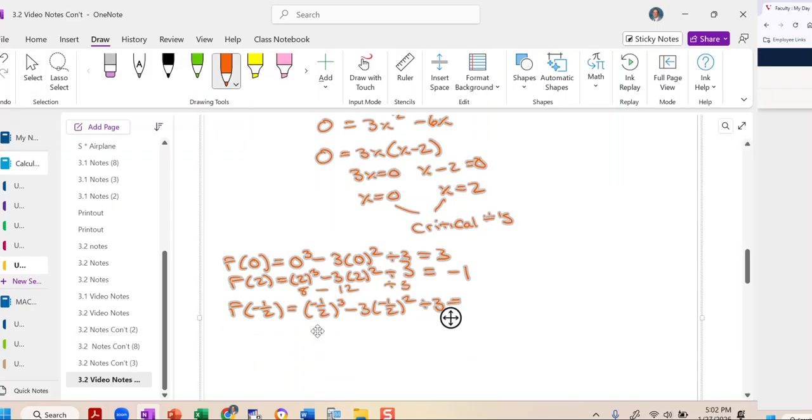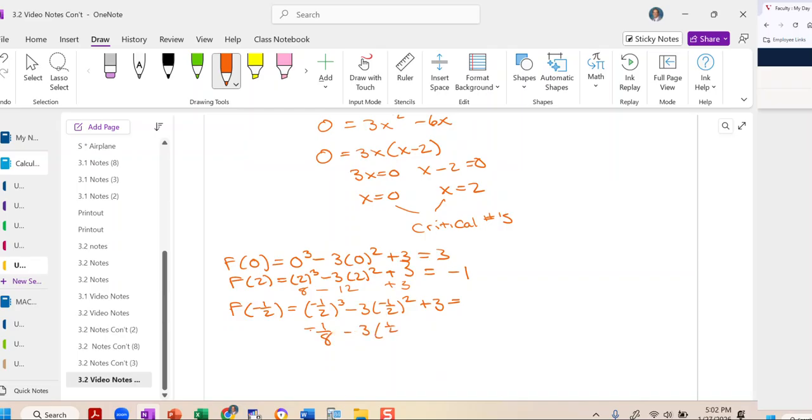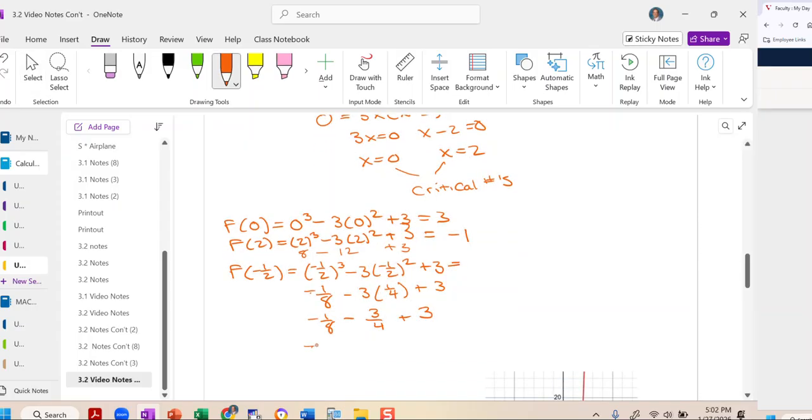So it is -1/8 minus 3 times 1/4 plus 3. So it's -1/8 minus 3/4 plus 3. When you put it all into eighths, it's -1/8 minus 6/8 plus 24 over 8. That equals positive 17 over 8.